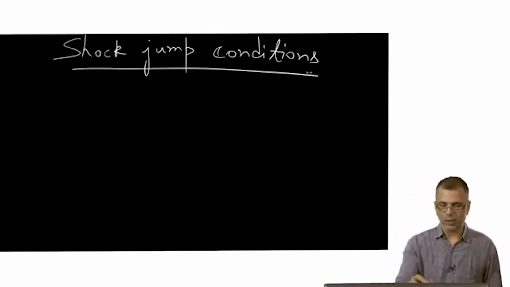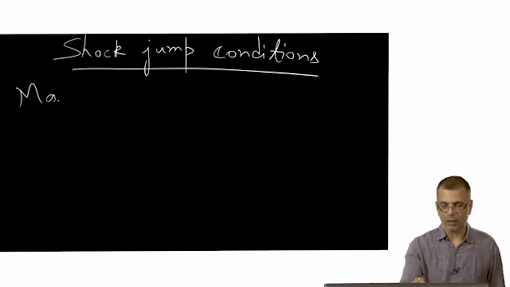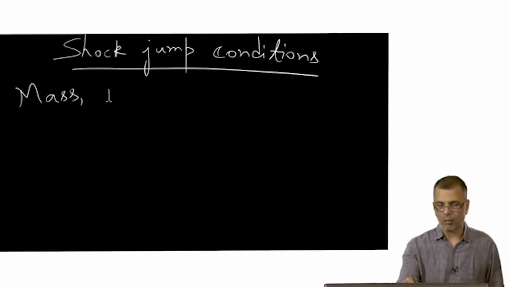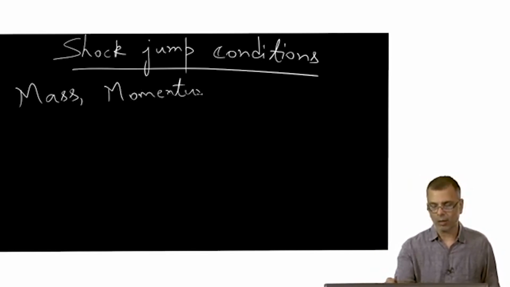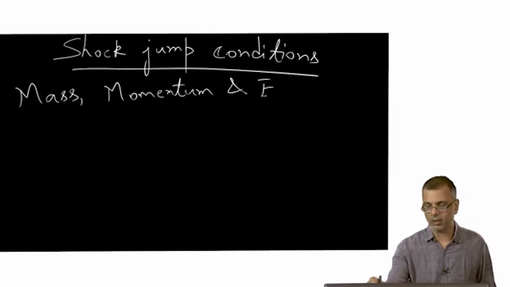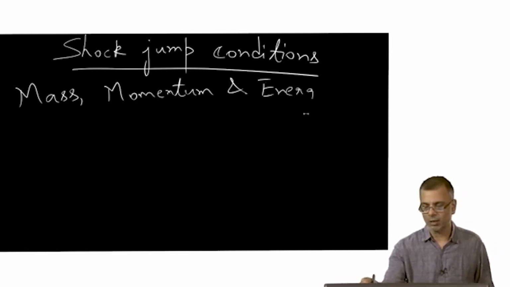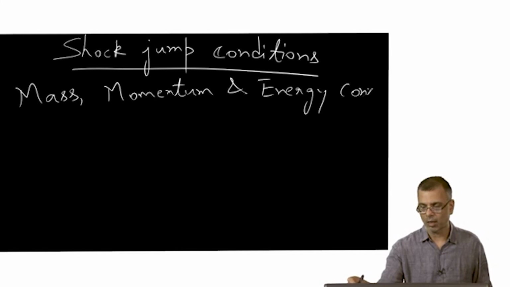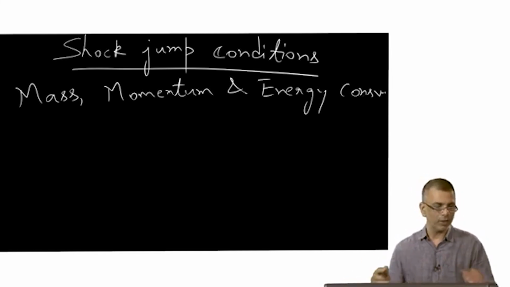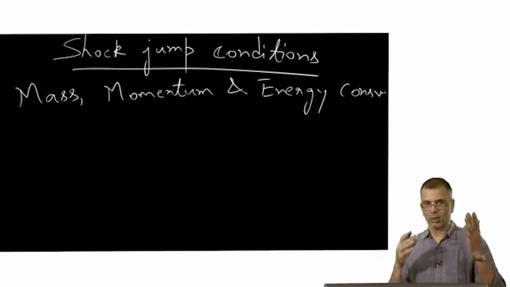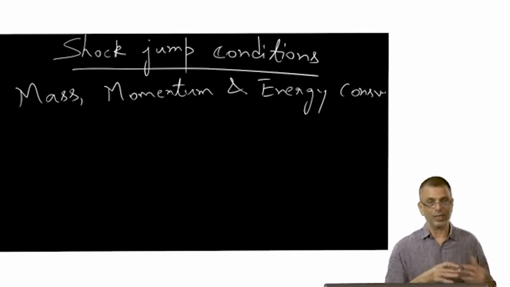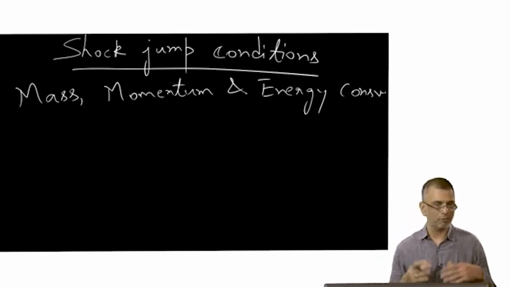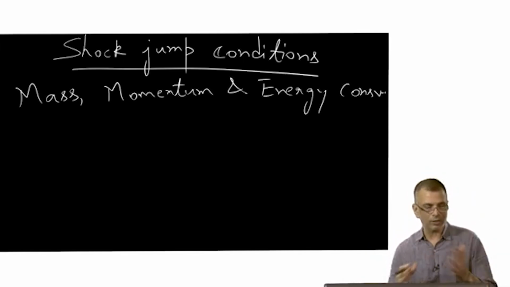We used the mass, momentum, and energy conservation equations to figure out the jump conditions. In other words, how much of a jump to expect in various quantities like density, pressure, velocity, and so on and so forth on either side of the shock.